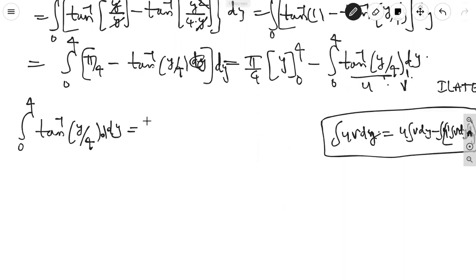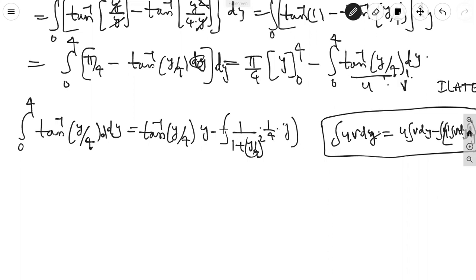Here tan inverse of y by 4 is u. Integral 1 dy is y, minus integral of the derivative of tan inverse of y by 4, which is 1 by 1 plus y by 4 whole square into 1 by 4, and again integral 1 dy is y, whole dy.